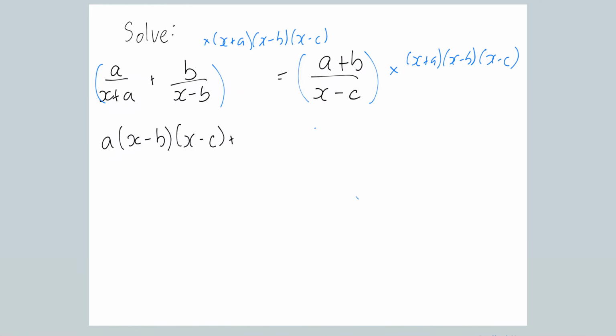So the x minus b's would cancel out, and I'll be left with these two factors. So I'm left with the top, which is b, multiplied by x plus a, x minus c.